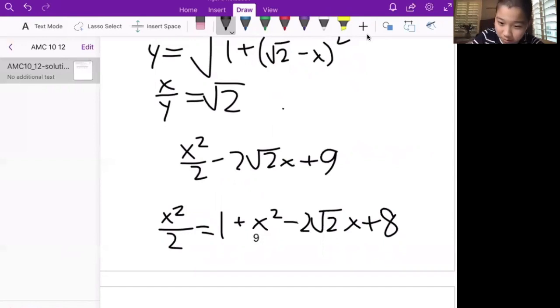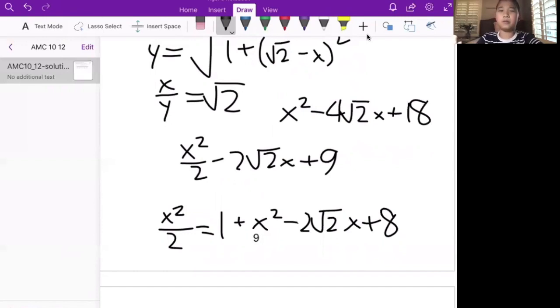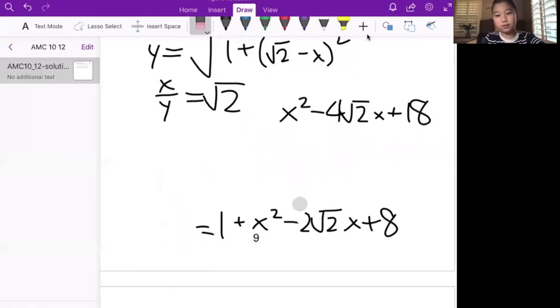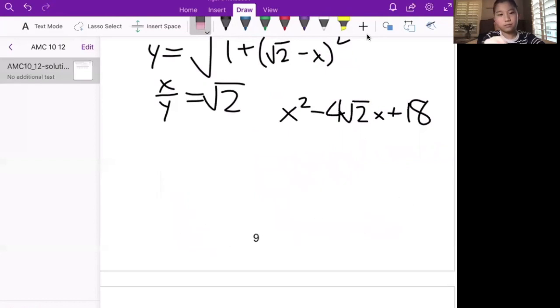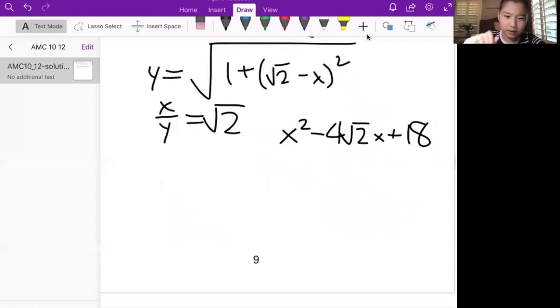And we multiply both sides by 2. Okay, so now what do we do? Let's just solve this equation. Wait a minute.